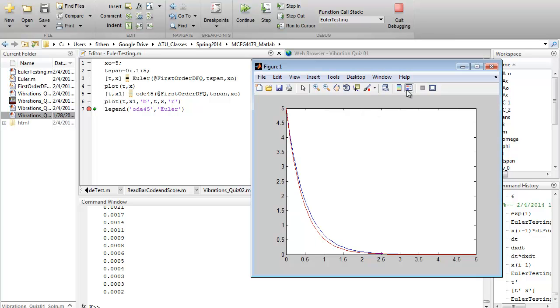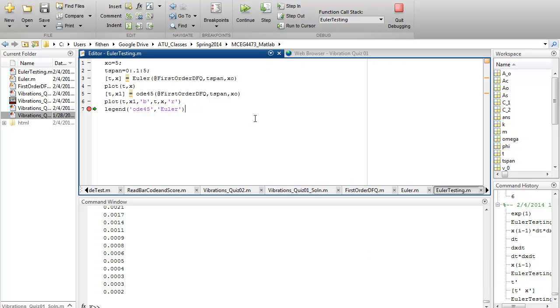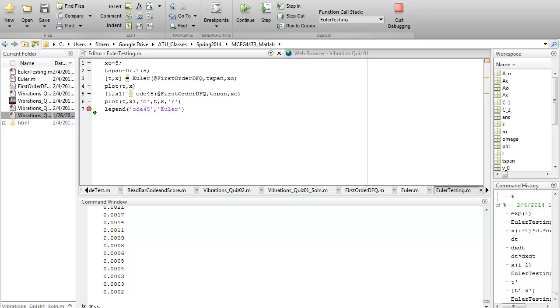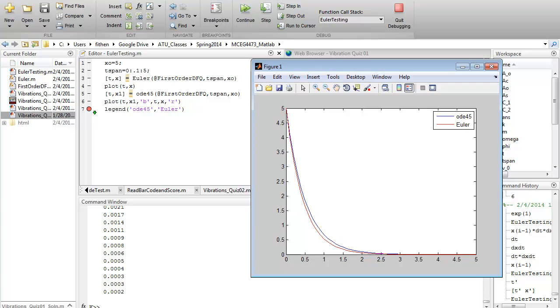Now, I'll go ahead and do the one step so I can see which one's which, and you realize Euler is the red, and ODE45 is the blue. If I got the thing correct, yeah, I got the blue sequence for ODE45 here. Yeah. So why are they different?